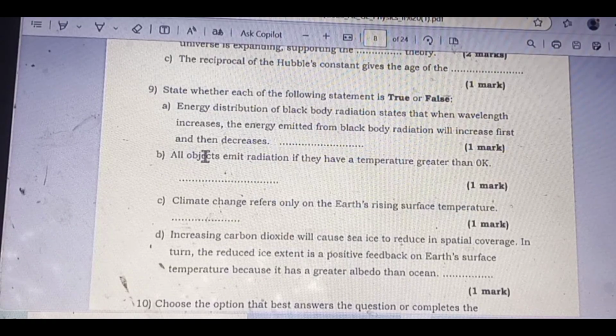B. All objects emit radiation if they have a temperature greater than 0 K. The correct answer is true. C. Climate change differs only on Earth's rising surface temperature. The correct answer is false.